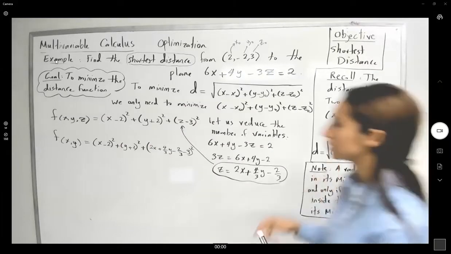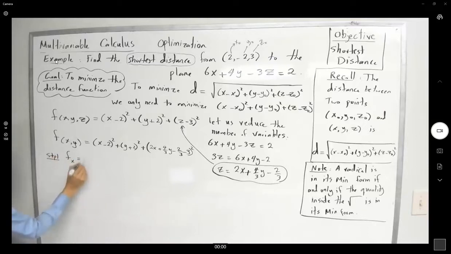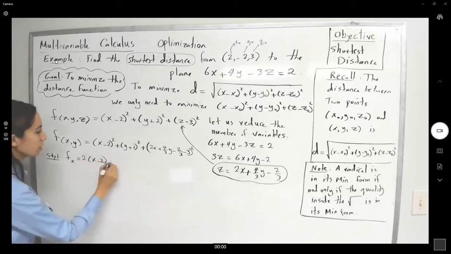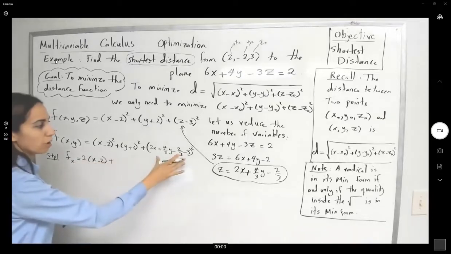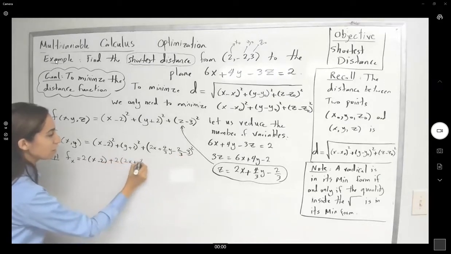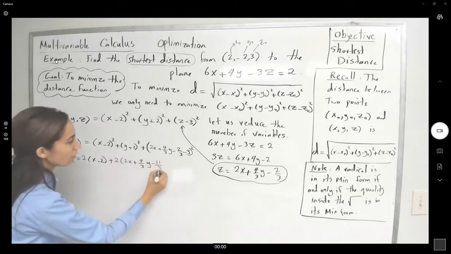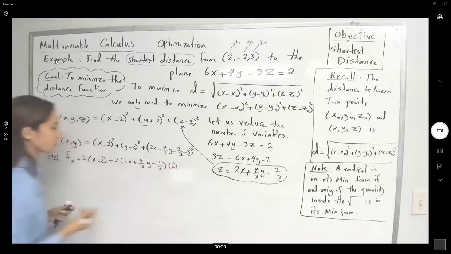Very well. Now let us apply step 1, then go to step 2, then go to step 3, and try to find the minimum value. So in step 1, we need to take the partial derivatives. What is f sub x? f sub x is 2 times x minus 2 plus, here you have to apply the chain rule, 2 times 2x plus 4/3 y minus 11/3 times 2.